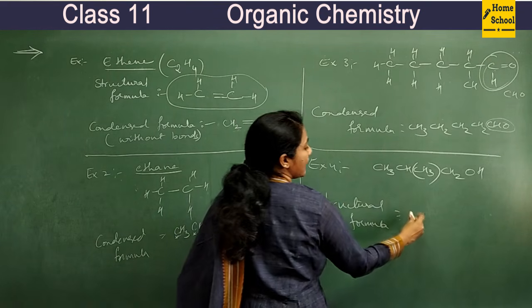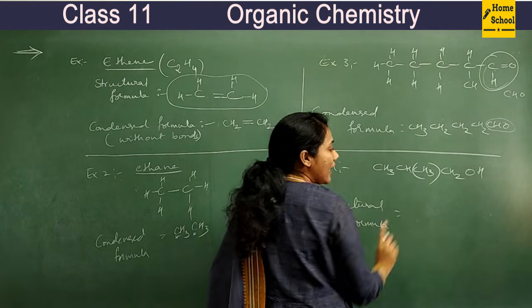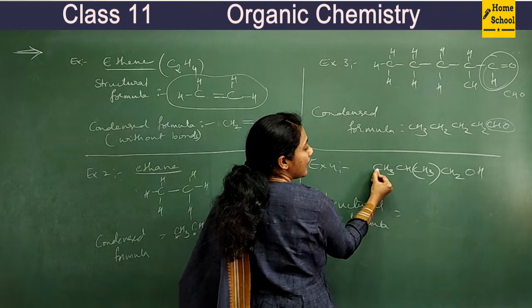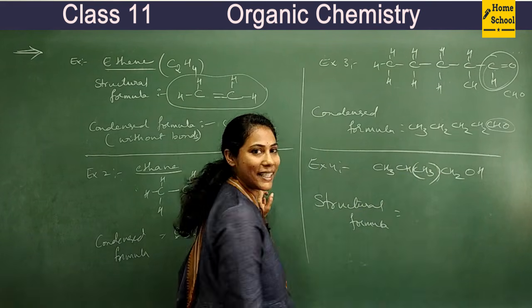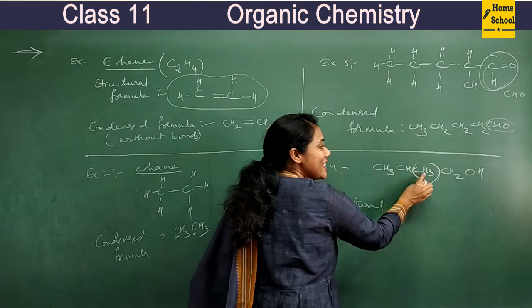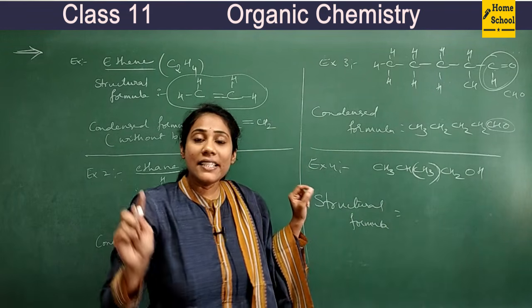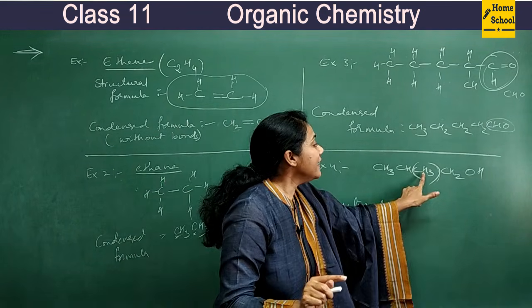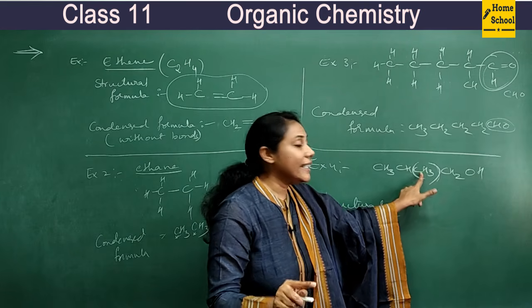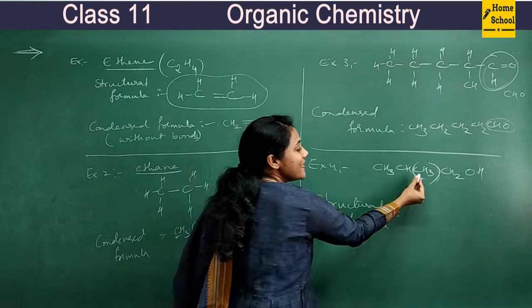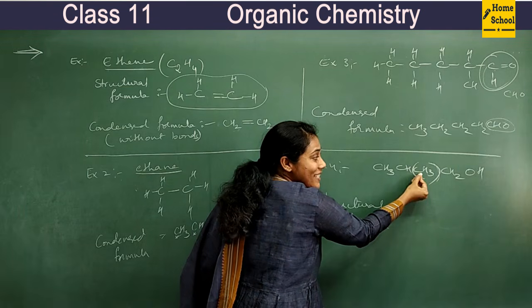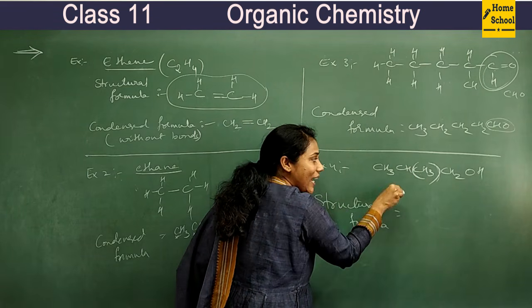You see CH3. First you mention the carbon atoms. You see this is a carbon, this is a carbon, and this CH3 group is there in a bracket. If something is there in a bracket, it is understood that the contents within the bracket are there as a branch. This particular group is there as a branch for which carbon?